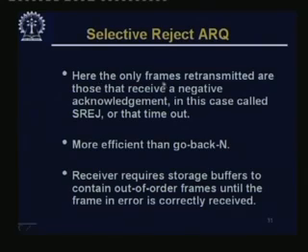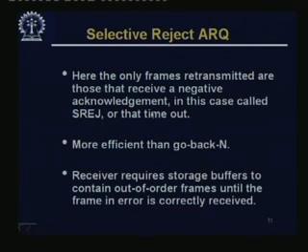In order to address this, people then thought of allowing selective reject. That means this particular frame is rejected, but maybe some subsequent frames are accepted. Here, the only frames retransmitted are those that receive a negative acknowledgement, in this case called selective reject, that is SREJ, or that time out.